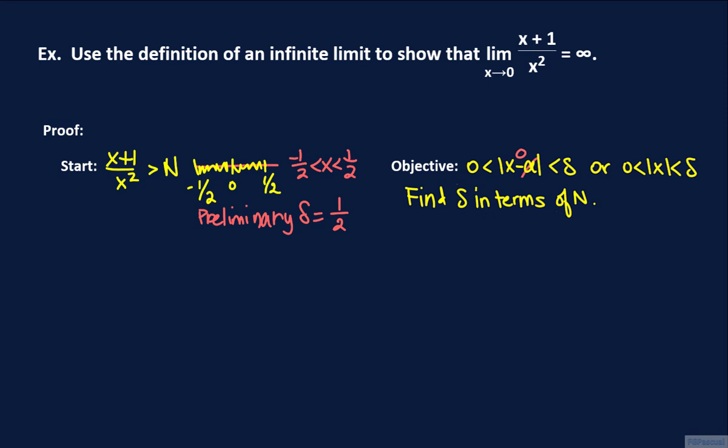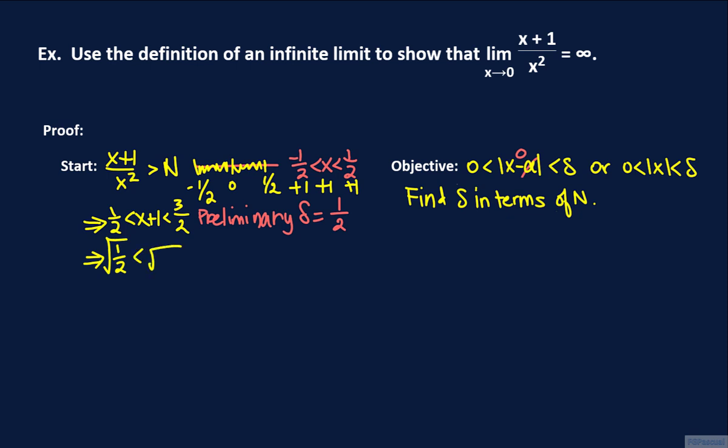Because we need to get a handle on x plus 1, we add 1 to each part of the inequality. We get 1/2 is less than x plus 1 is less than 3/2. Now that we have ensured that x plus 1 is positive, we take the square root of each part of this inequality.